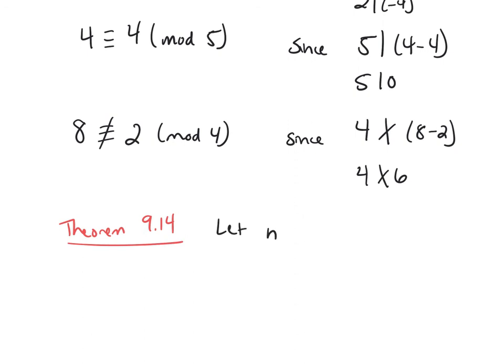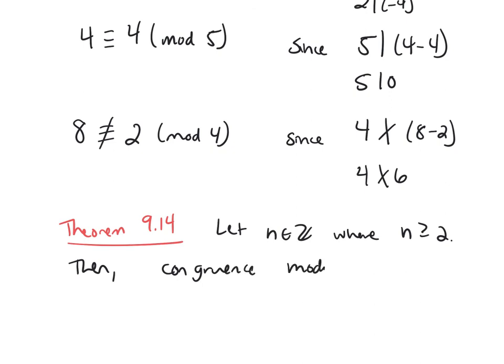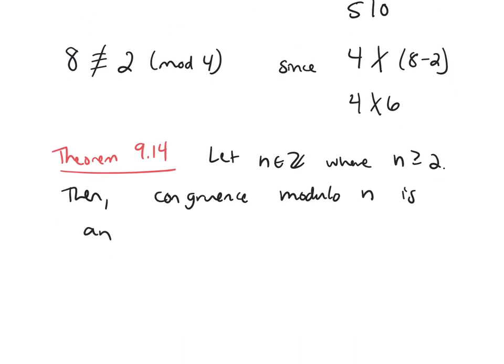It says let n be in Z, where n is at least 2, then congruence modulo n is an equivalence relation on the integers. So no matter what n is, as long as n is greater than or equal to 2, congruence modulo n will always be an equivalence relation. So it'll be reflexive, it'll be symmetric, and it'll be transitive.